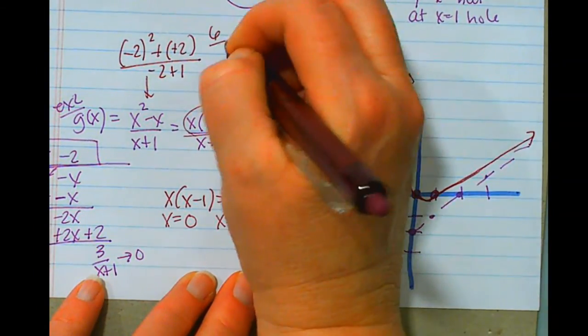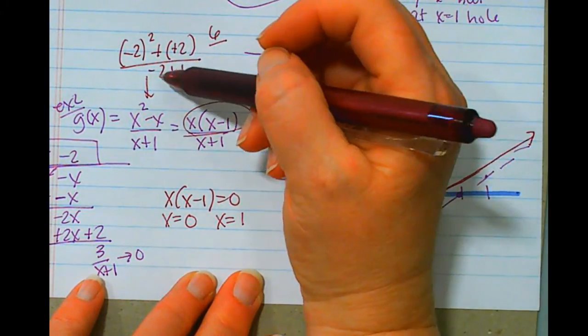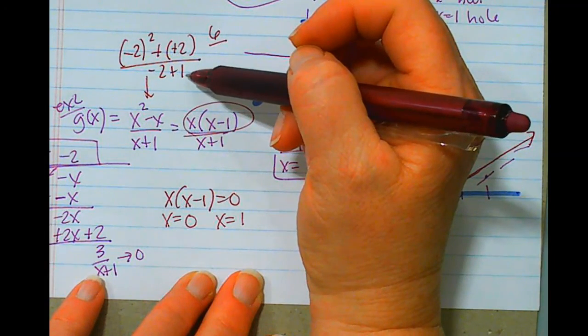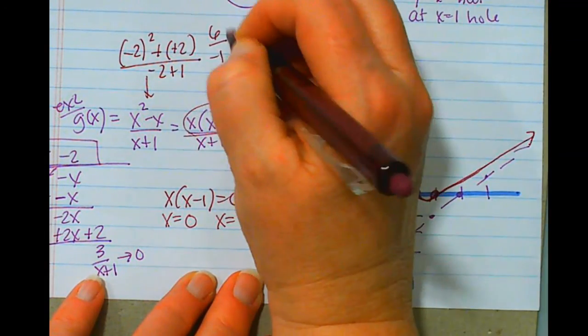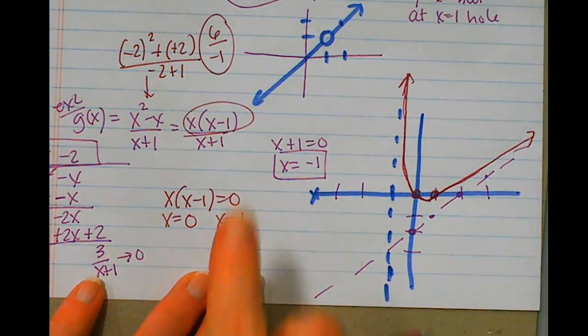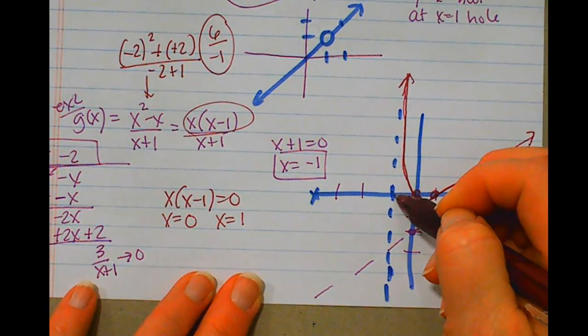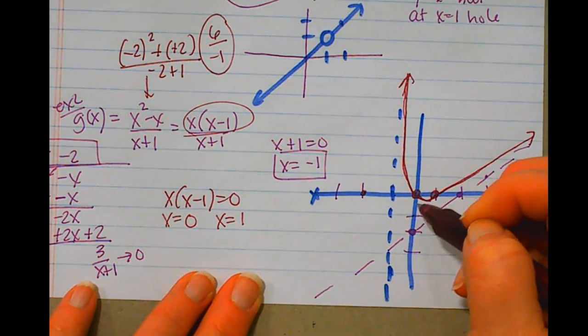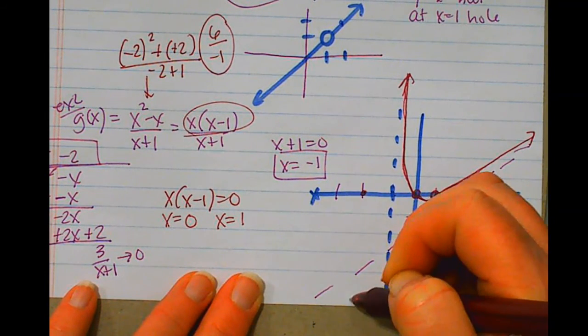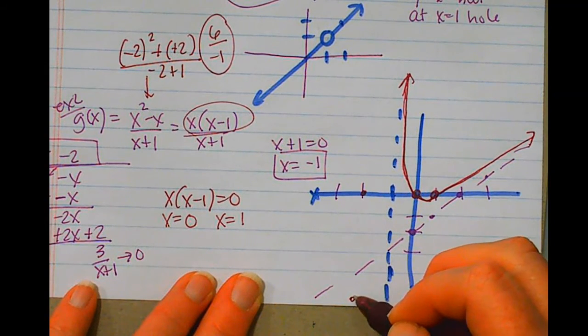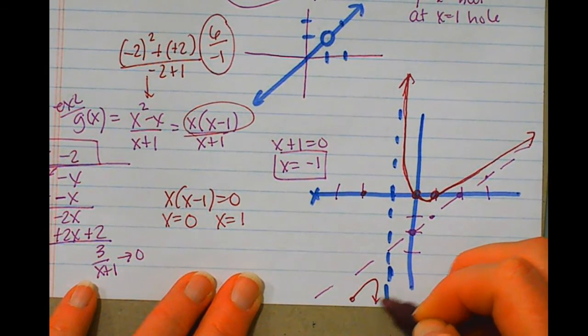That's 6. How about -2 plus 1? This is -6. So at -2, I'm at -1, 2, 3, 4, 5. I'm down here. So it's going to go like this.